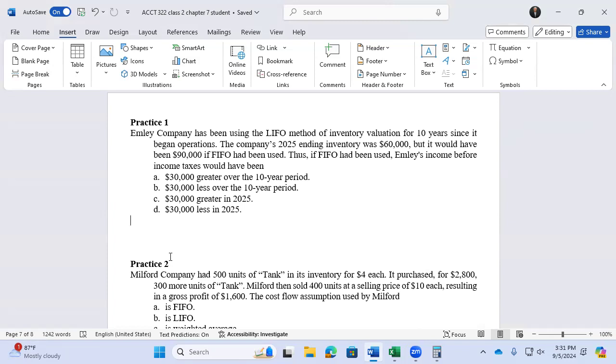Okay, so what you want to do here is think about the inventory flow. You have inventory, and you have all of your purchases and everything in here. Where does the inventory flow?